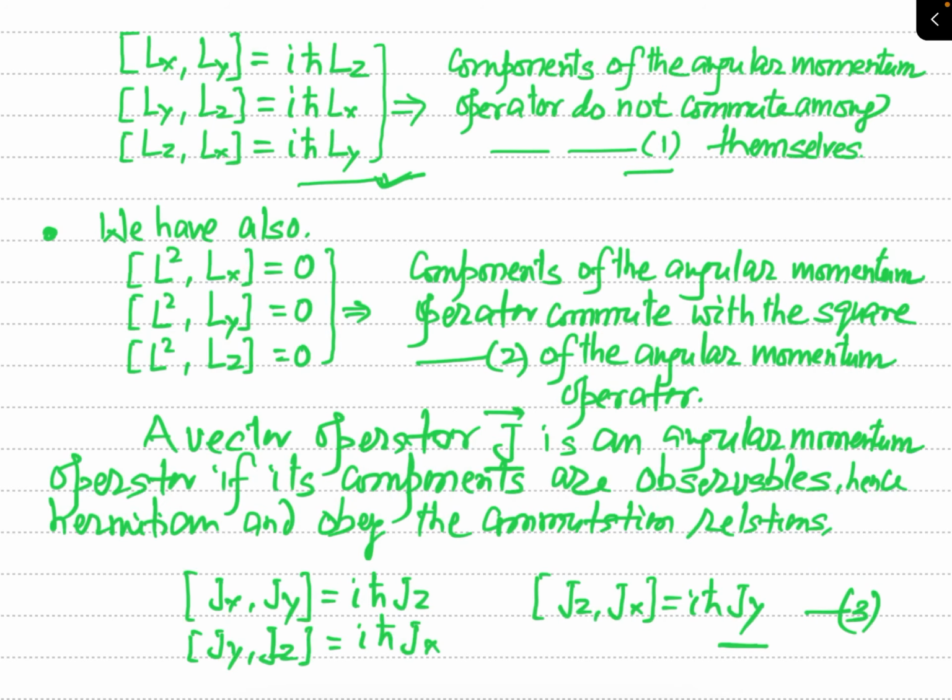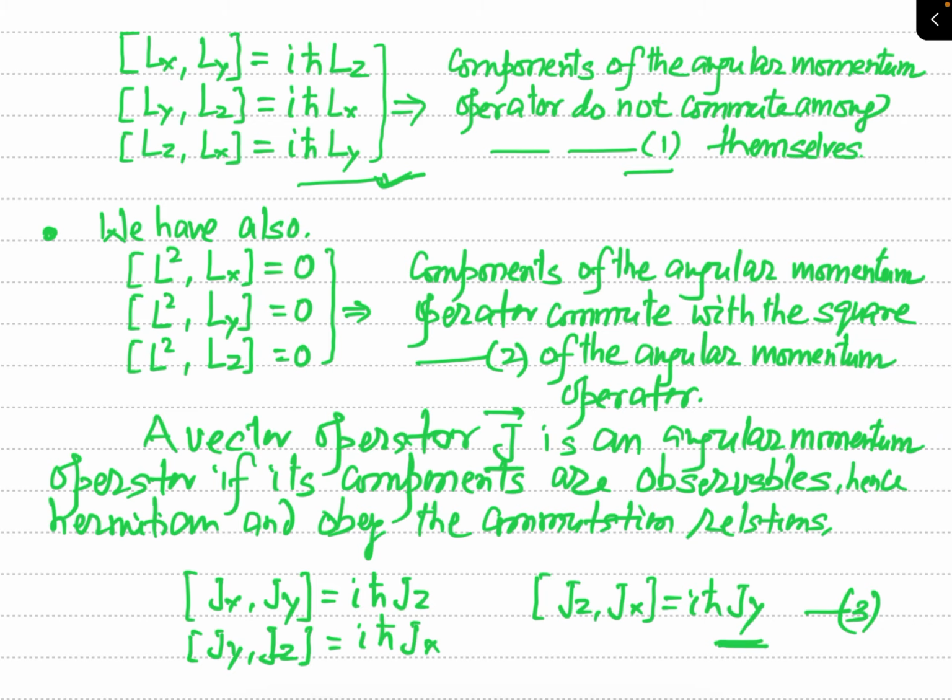But as I have told you, the concept of angular momentum in quantum mechanics is not limited to the orbital angular momentum, but it is just a general concept, and that general definition lies in these commutation relations. Any vector operator whose components obey such a commutation relation will be called an angular momentum operator.